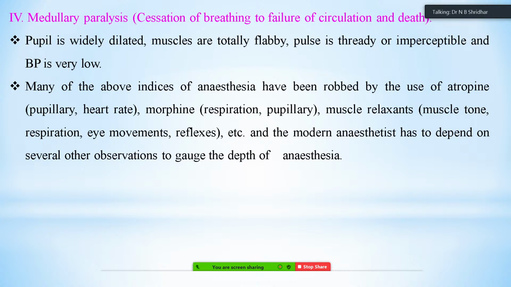Many of the above indices of anesthesia can be altered by the use of atropine, and pupillary response and heart rate can also be monitored, as can morphine's effect on respiration and pupils. A few muscle relaxants, and anesthetics with muscle relaxation like halothane, will induce all the planes of this stage of surgical anesthesia.